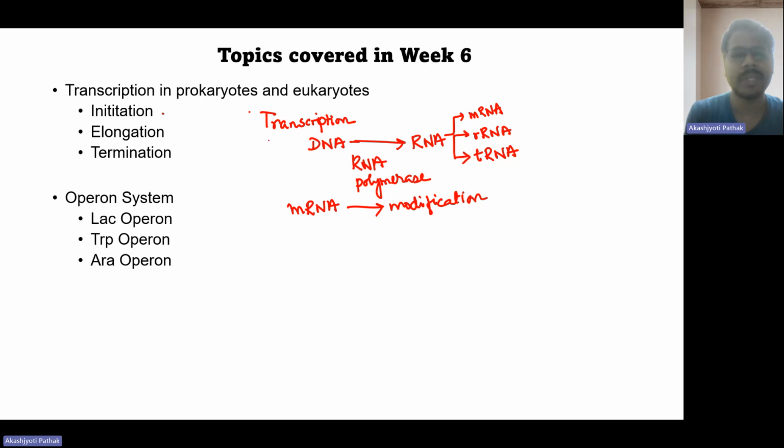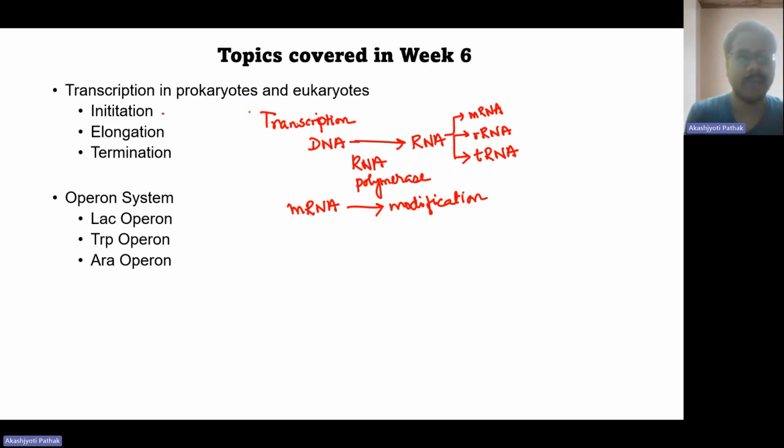In prokaryotes, modification is not necessary because there are no separate compartments like nucleus or cytosol, and the transcription is coupled to translation. As soon as the mRNA is getting transcribed, at the same time, the ribosome starts binding to the newly transcribed mRNA and starts synthesizing the protein. So transcription and translation are coupled in prokaryotes because there is no need of transferring the mRNA from the nucleus to the cytosol.